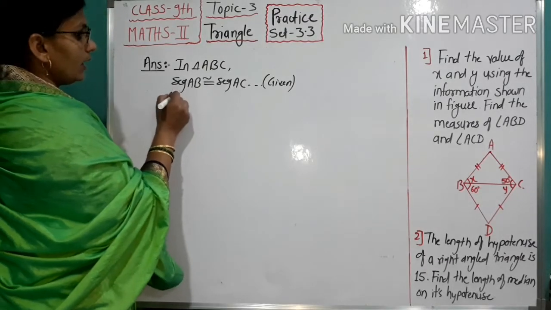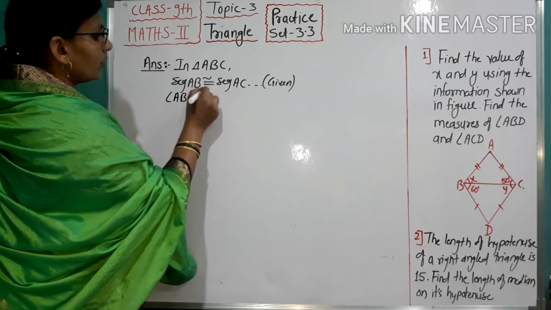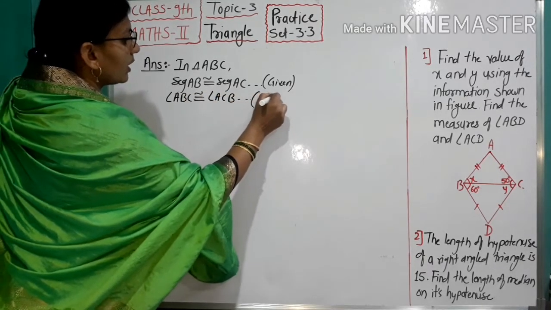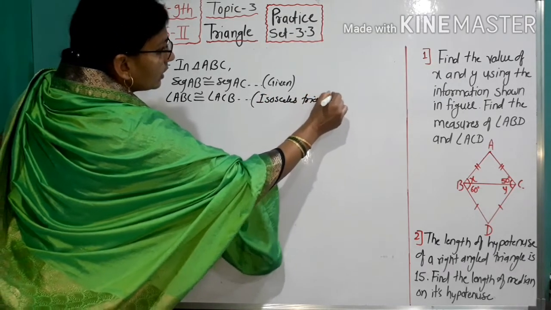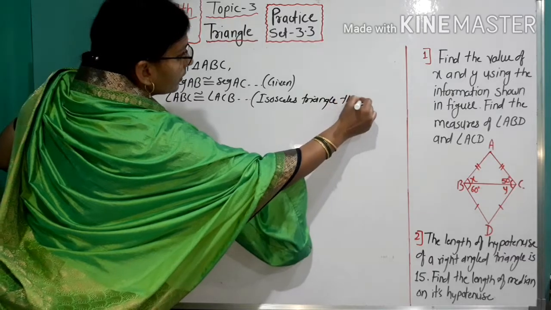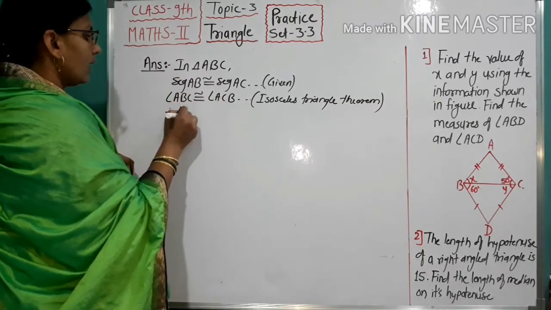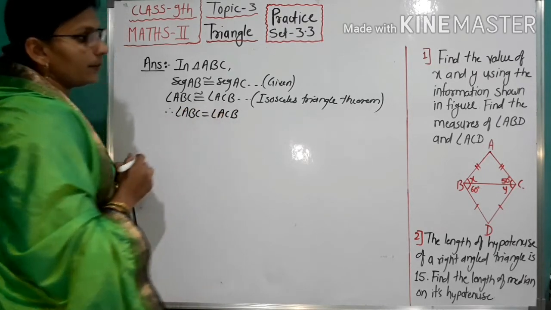Therefore, angle ABC is congruent to angle ACB. Reason: isosceles triangle theorem. And therefore, angle ABC equals angle ACB.